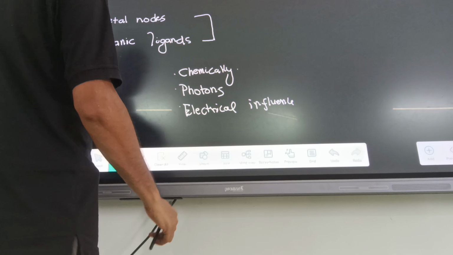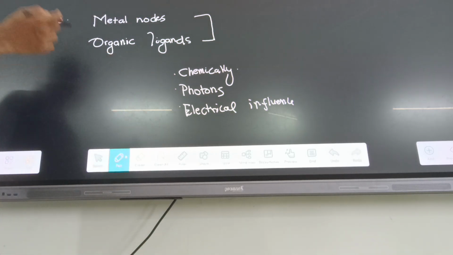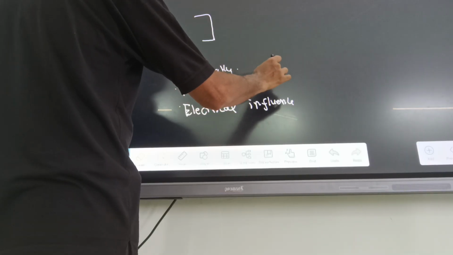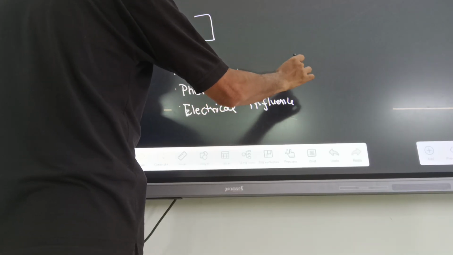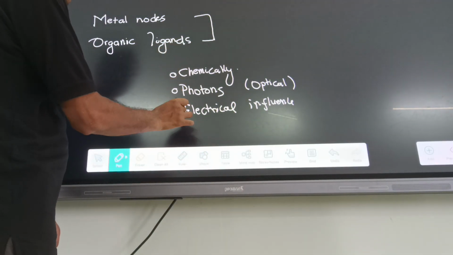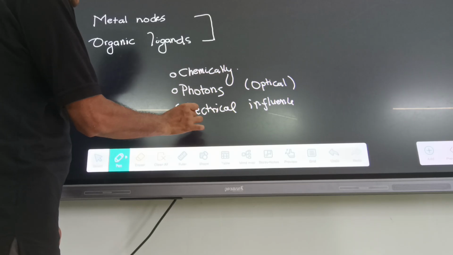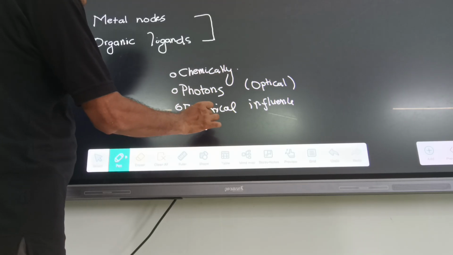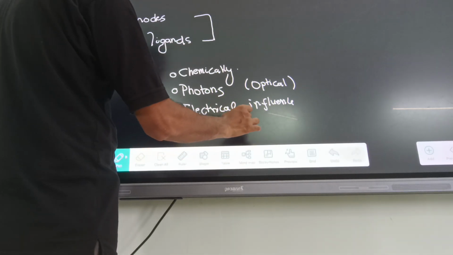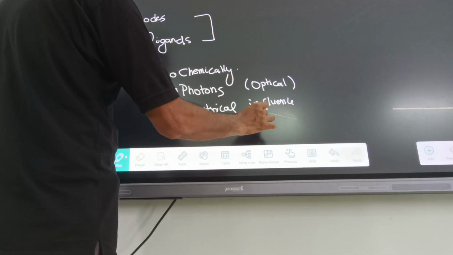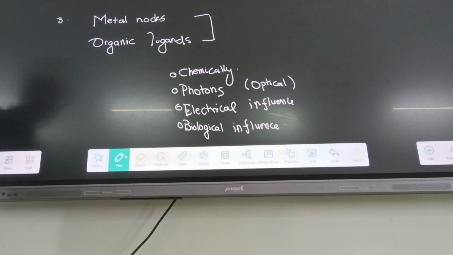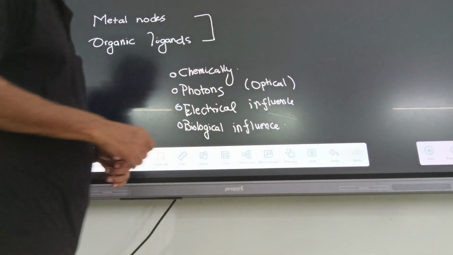So there is a chemical influence, there is an optic influence, and also biological influence. So these are the reasons why metal organic frameworks are used.